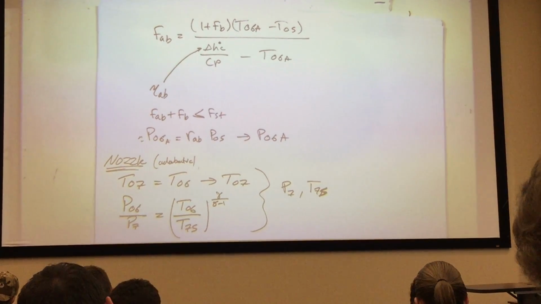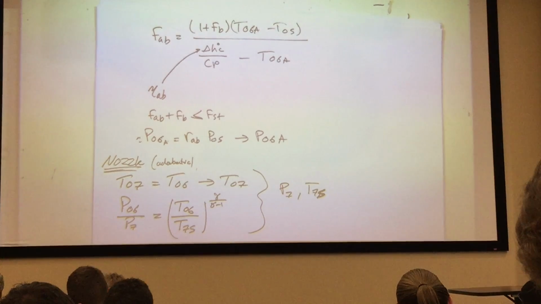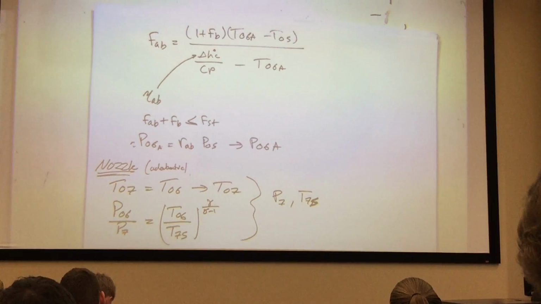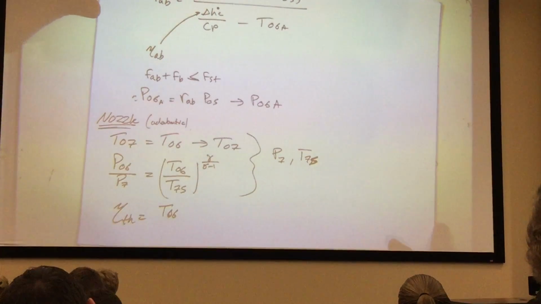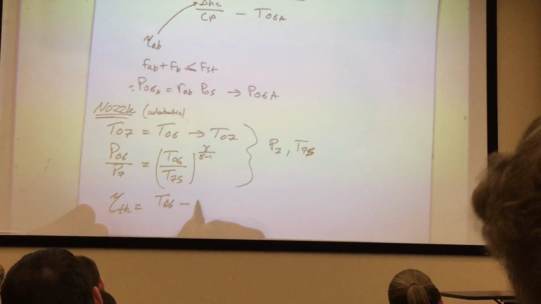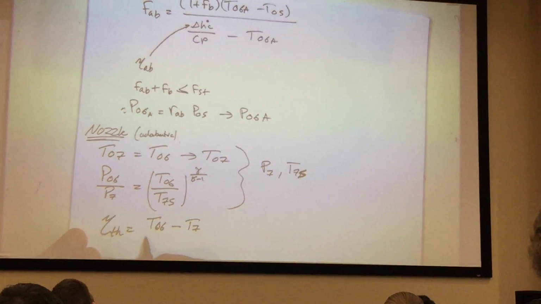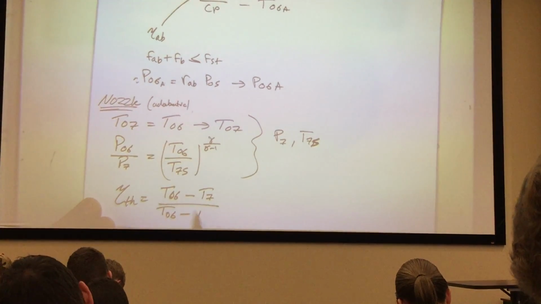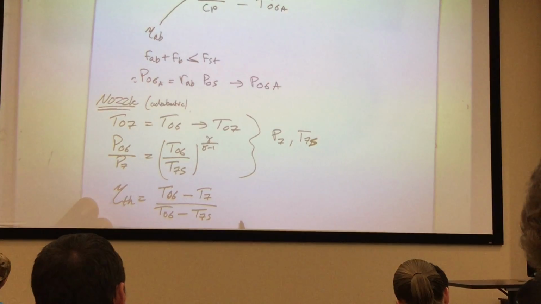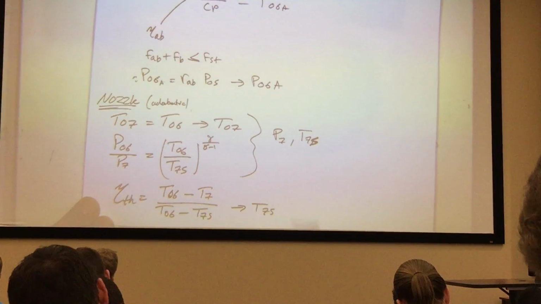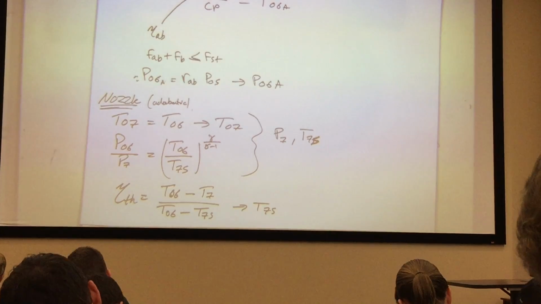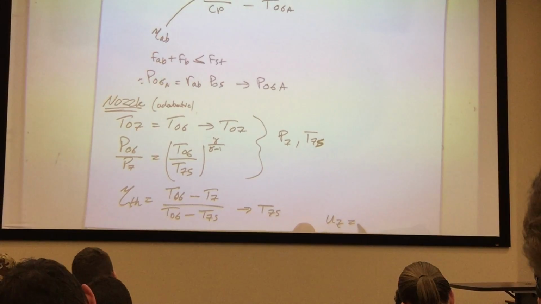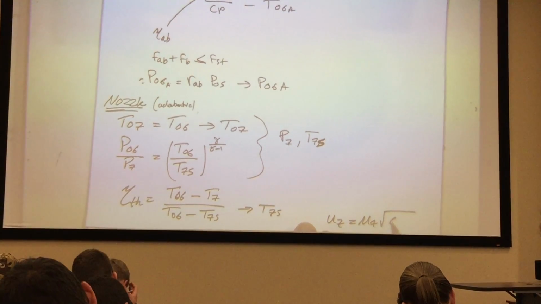Thermal efficiency again is equal to what we did for the turbine. We did T_O6, sorry, T_O6, which is the hotter temperature, relative to T_7, over T_O6 minus T_7 isentropic. From that, I can get T_7 isentropic. And knowing that, I can actually get my velocity: V_7 is equal to my Mach number at 7 multiplied by the square root of gamma R T_7.